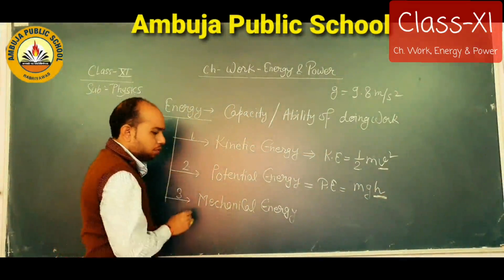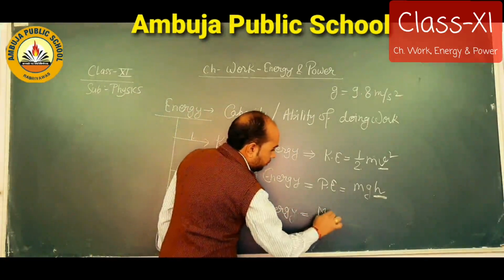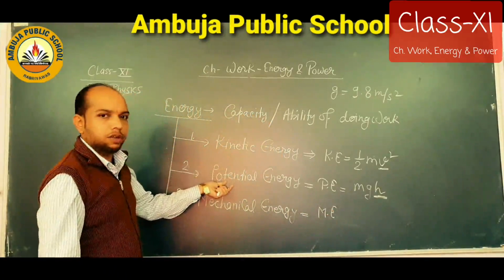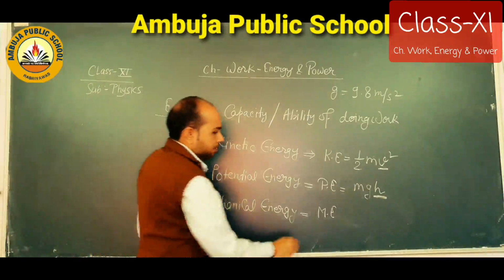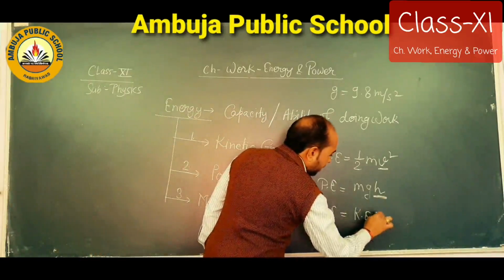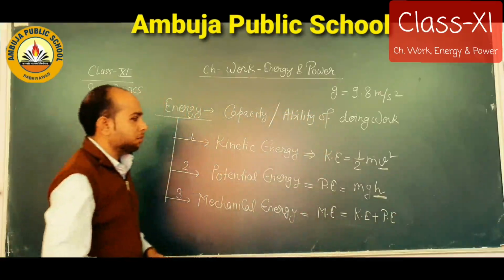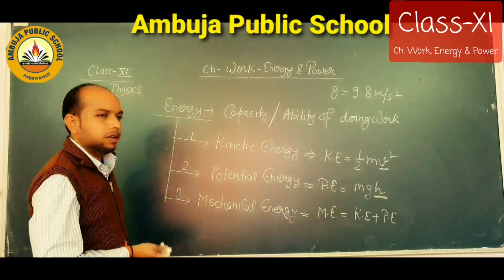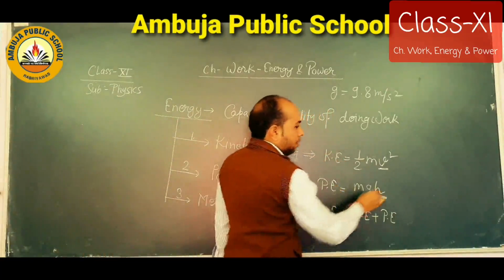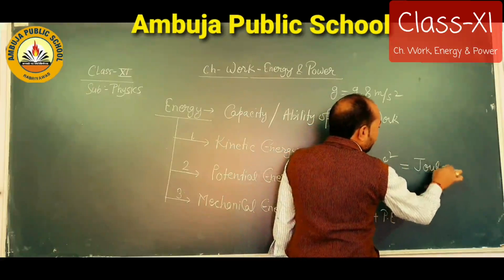And last we come to mechanical energy. Mechanical energy is the sum of kinetic energy as well as potential energy, so it is represented by KE plus PE. If we talk about the unit, either kinetic, potential or mechanical, each has the same unit as work done.